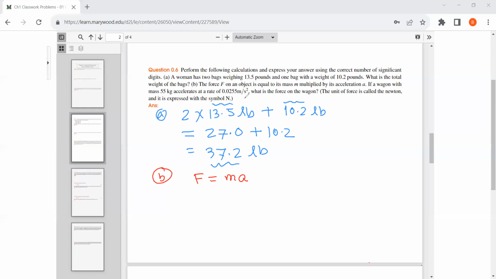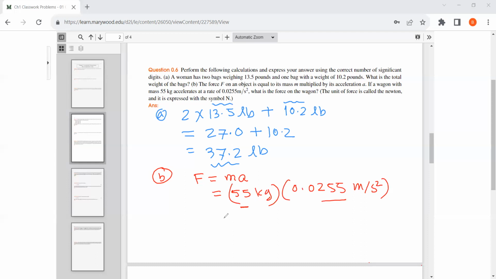What is the force? Force is F, the mass is 55 kilograms, and the acceleration is 0.0255 meters per second squared. Here you see that the mass has 2 significant digits and the acceleration has 3 significant digits. So our final result will be in 2 significant figures.